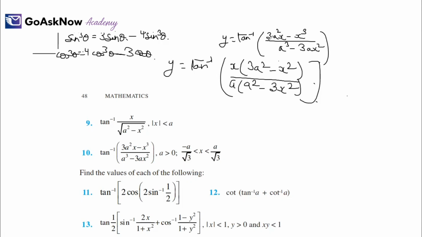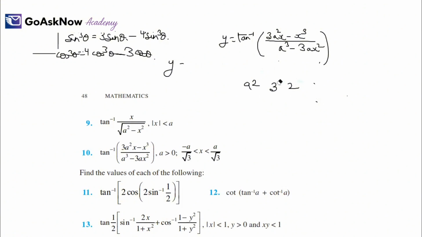So I will just do one thing, that I will substitute again, because it will become lengthy here. So I will do that method also. Okay. So yes, what will y become here?